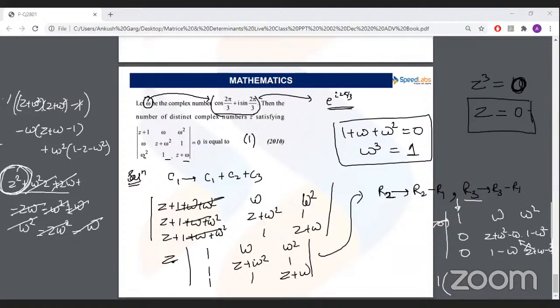You'll say 1 is the correct answer, because Z equals 0 is the only solution. There is only one complex number Z which will satisfy this relation.